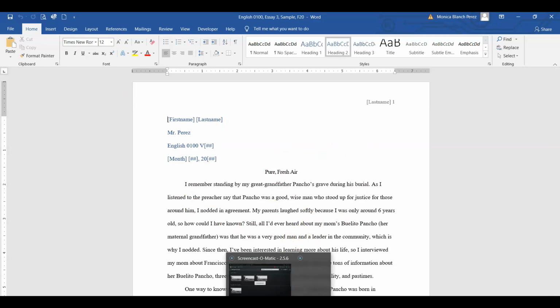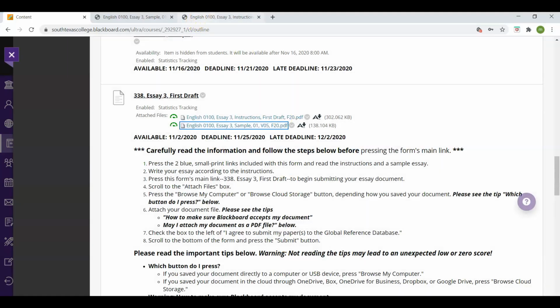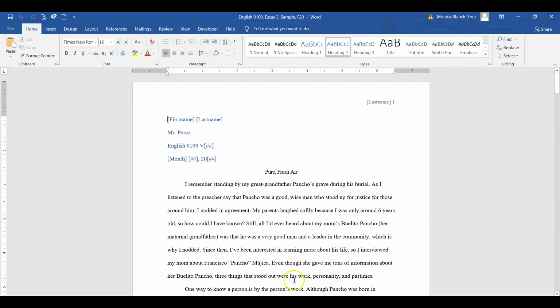If I have it as a Word document, then I don't think I need the other one, the PDF file. And this one actually is generic. It doesn't say English V05 or V06, and it doesn't have the date. But I'll be using this document to show you a couple of things.